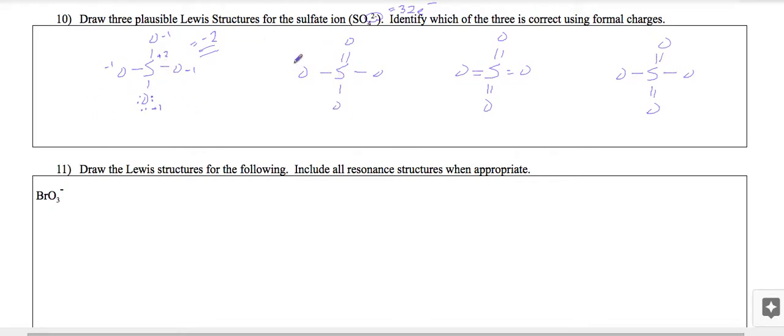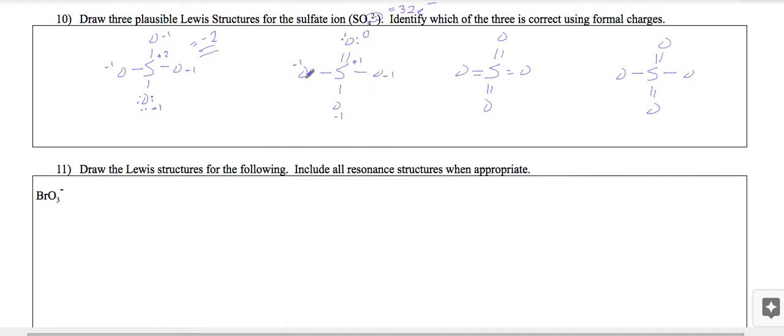Next one. Here we have a -1, -1, -1. This oxygen has a formal charge of 0, so that's favorable. And now sulfur has +1. Starts with a 6, minus 1, 2, 3, 4, 5, a +1. Again, formal charge is the number of valence electrons.